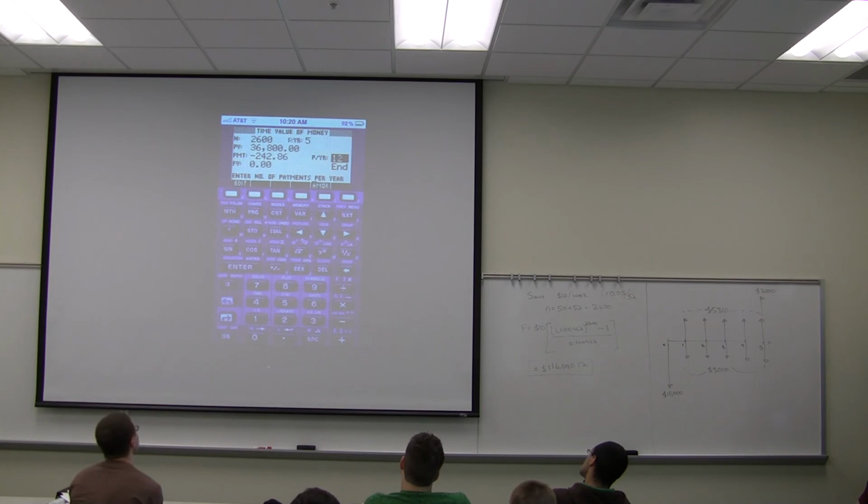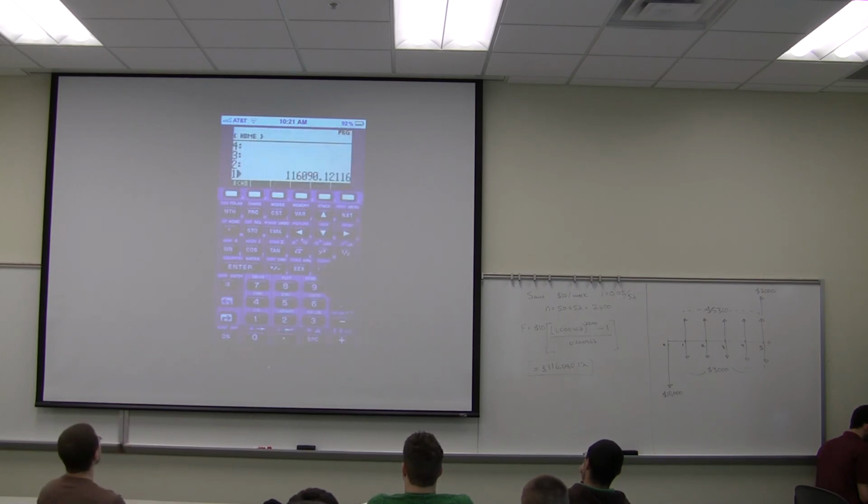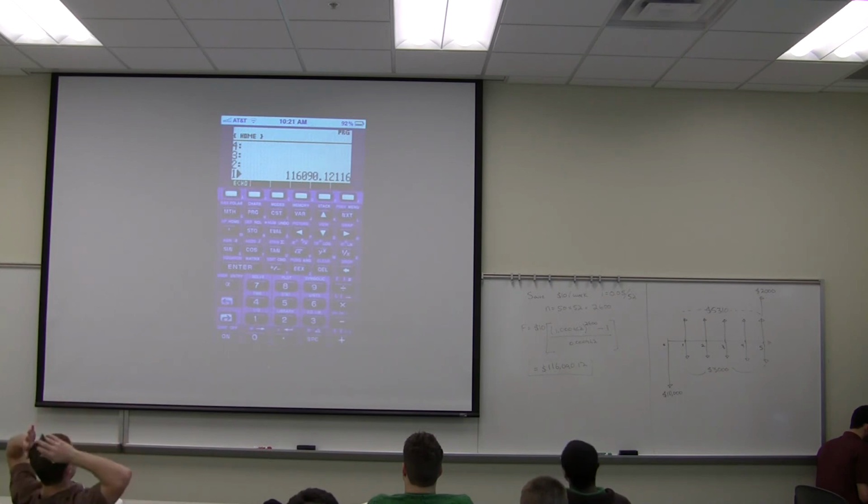So instead of payments per year equals 12, it's the interest rate per payment period. So 5% per year, and there are 52 payments per year. Let's go back and solve.